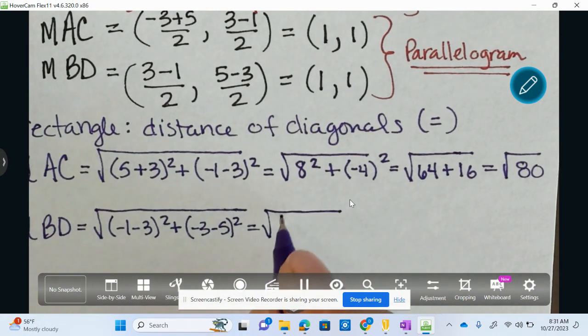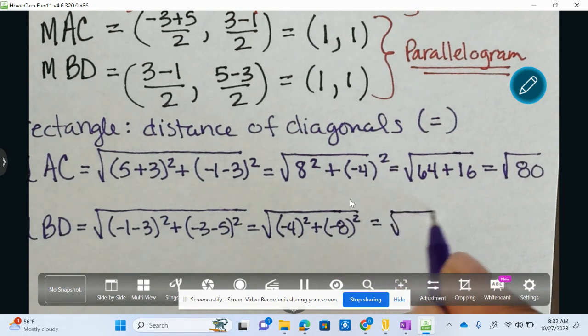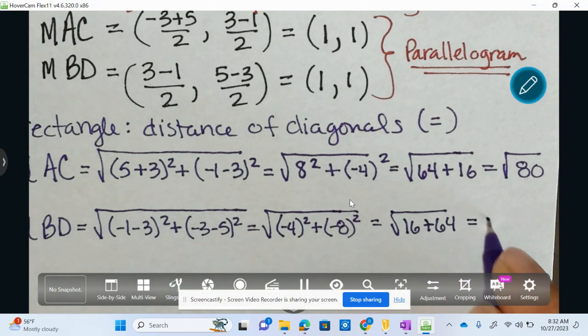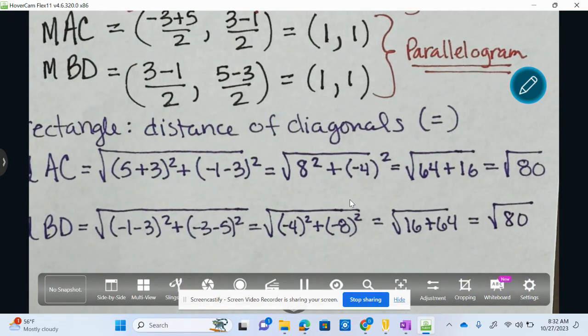So negative 1 minus 3, that's negative 4, quantity squared, plus negative 3 minus 5, well, that's negative 8, the quantity squared. And we know that negative 4 squared is 16, and negative 8 squared is 64, just like the last one, equals the square root of 80.